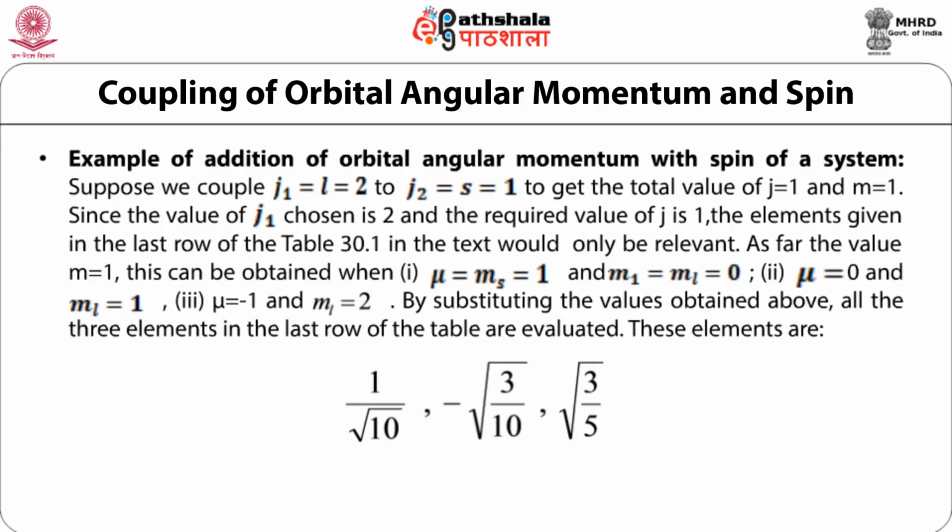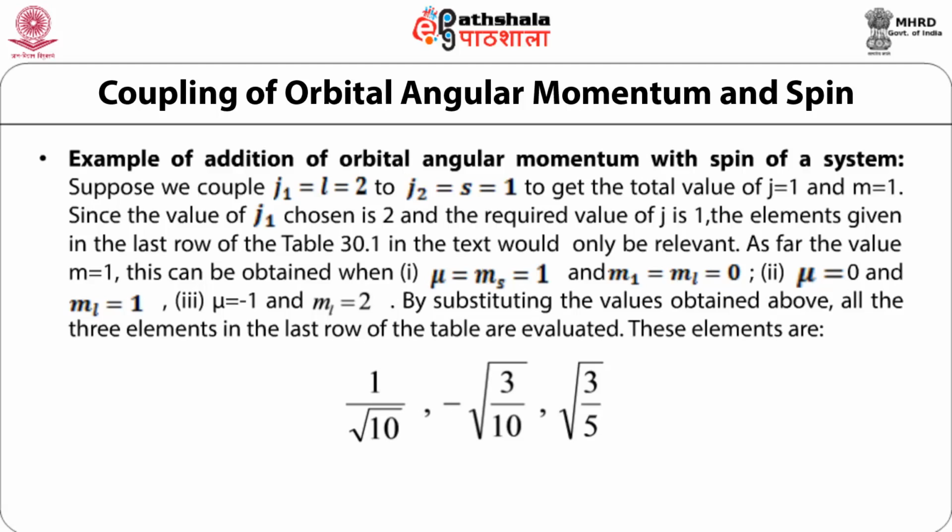And this is for mu equal to 1. For mu equal to 0, the Clebsch-Gordon coefficient comes out to be [(J1 − 1)(J1 + 1) / (J1(2J1 + 1))]^(1/2).